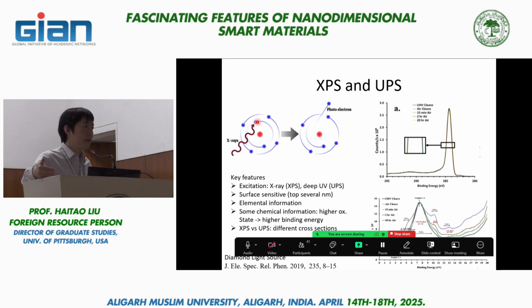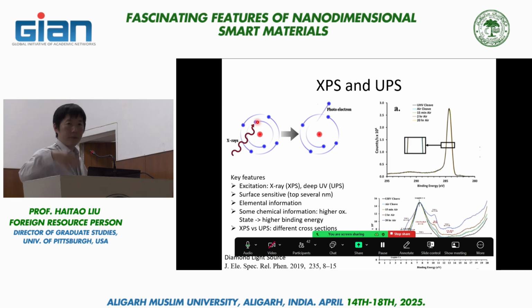Some other cases it's more of a valence shell electron. Because the cross-section of electron-photon interaction depends on the photon energy. And as a result, there will be a different selection or sensitivity or preference of whether exciting a core-level electron or a valence shell electron.